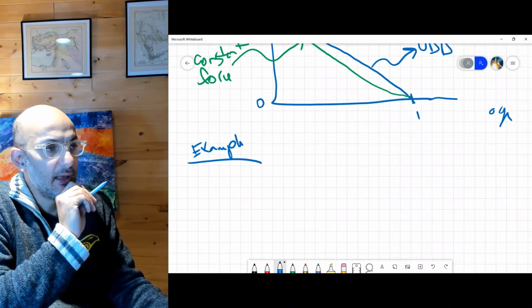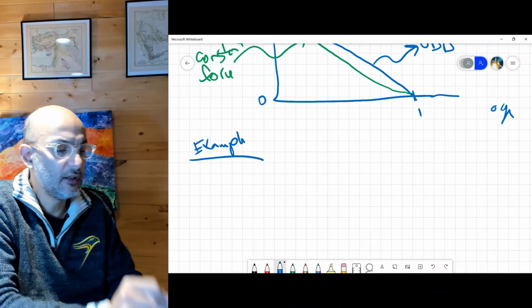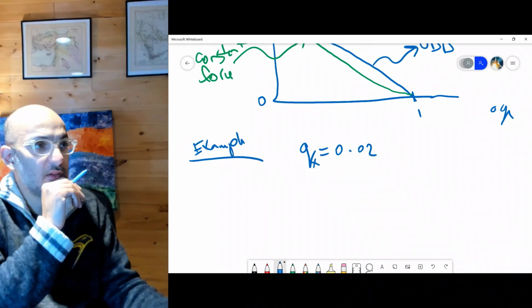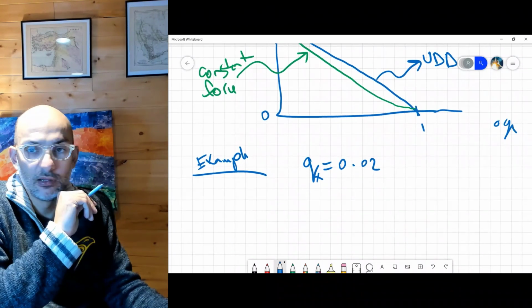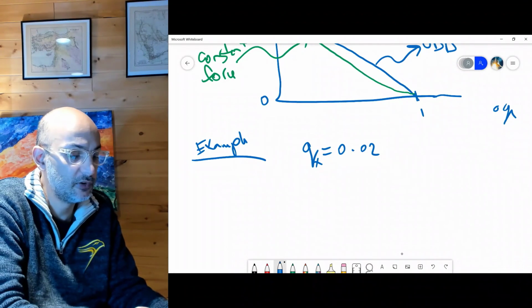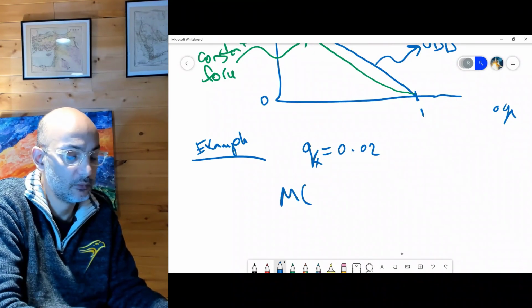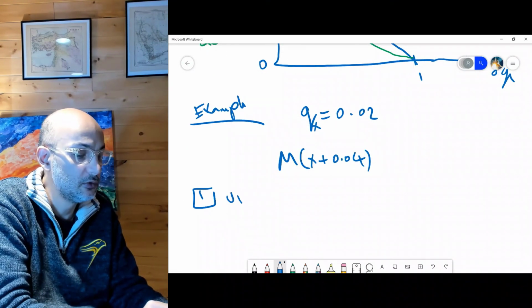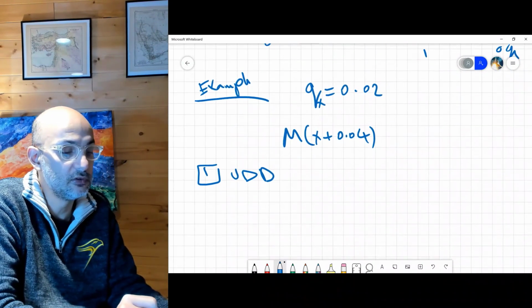The other example I wanted now to do is, let's go back to the same one. qx is 0.02, but instead of asking us to find survival or px, maybe we'll be asked to find the mu. What's mu? The force of mortality at x plus 0.4, assuming UDD.